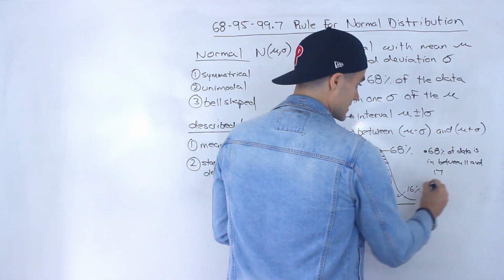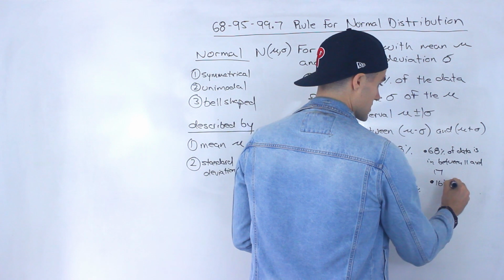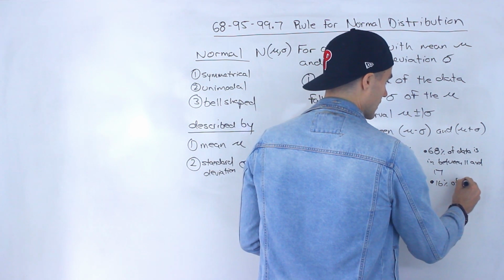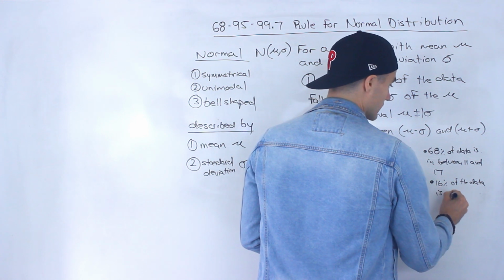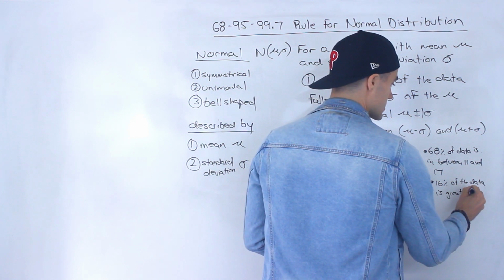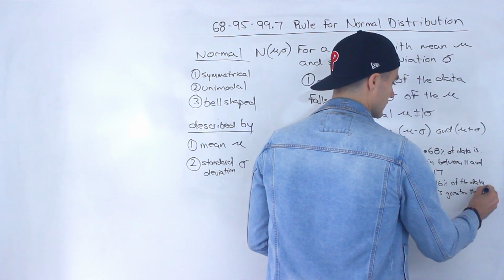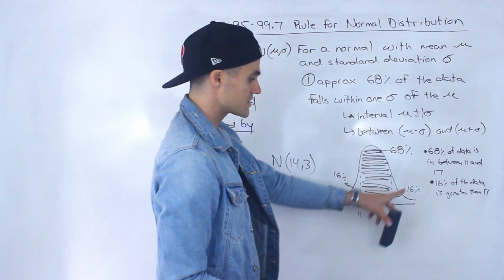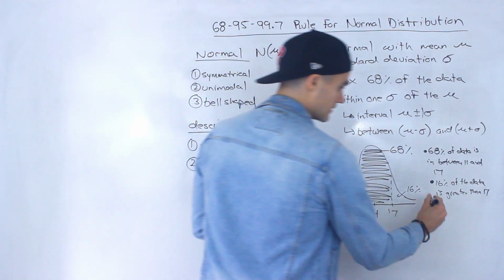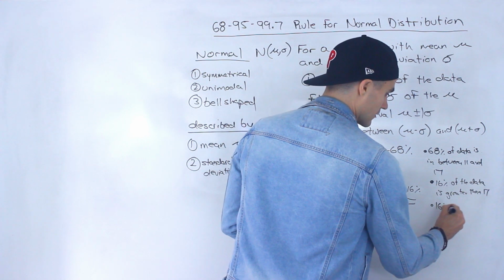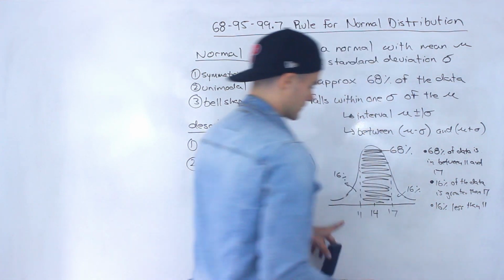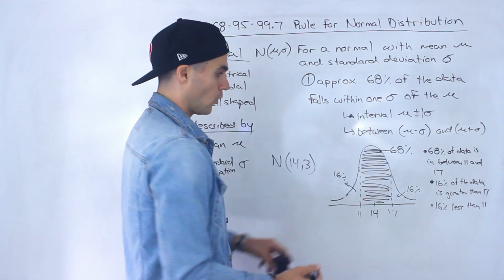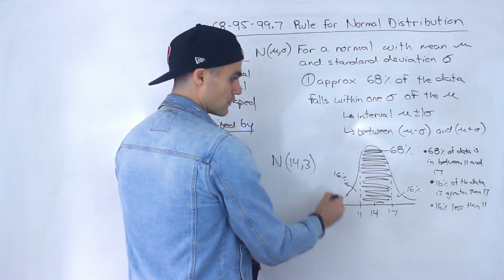So you could say approximately 16% of the data is greater than 17. Or 16% is less than 11. That's another possibility. Or you could even combine these two areas.